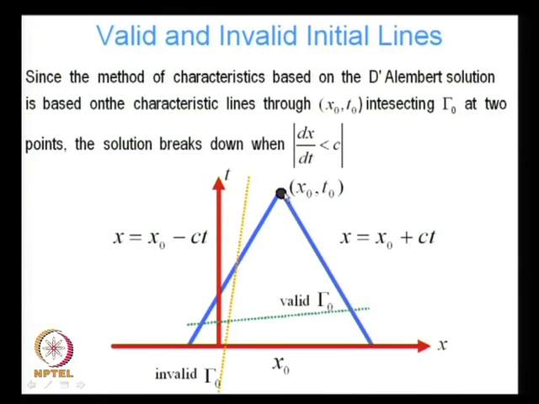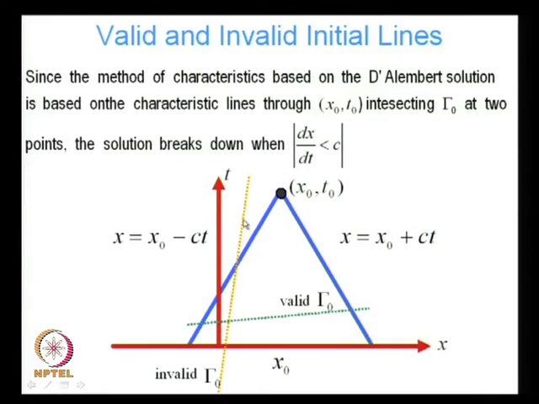So, if I have this x0, t0 point, and either my brown dotted line or my green dotted line is my gamma 0. Suppose the characteristic lines through x0, t0 intersect this line at only one point.